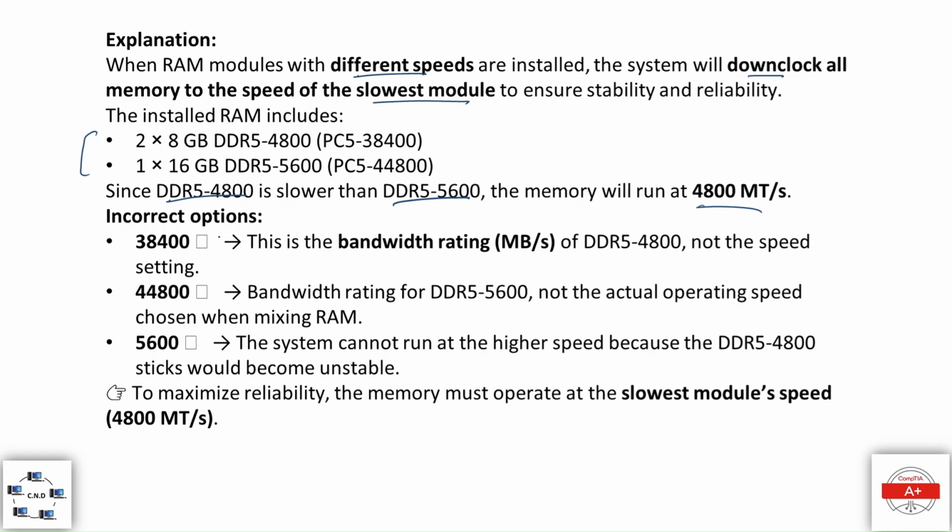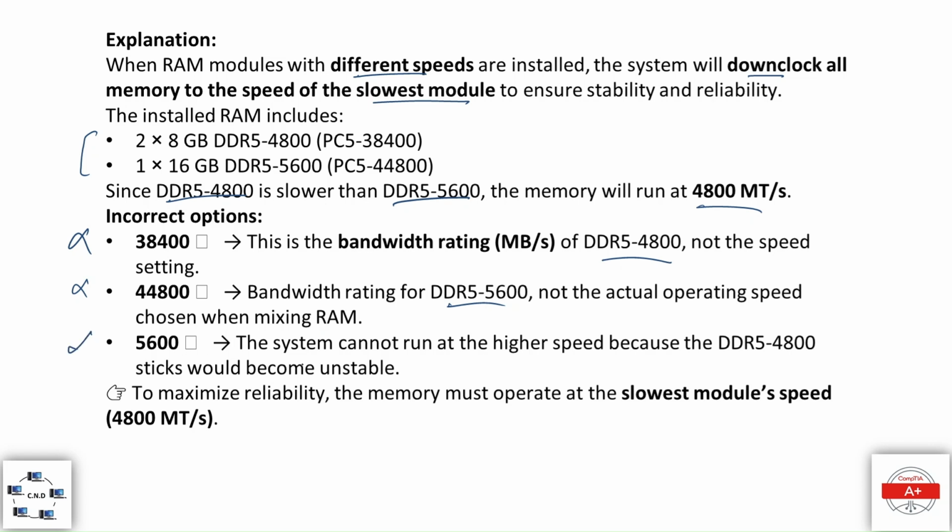MT/second. So the incorrect options are 38400. This is the bandwidth rating, that is megabyte per second, of DDR5 4800, not the speed setting. 44800 is the bandwidth rating for DDR5 5600, not the actual operating speed chosen when mixing RAM.